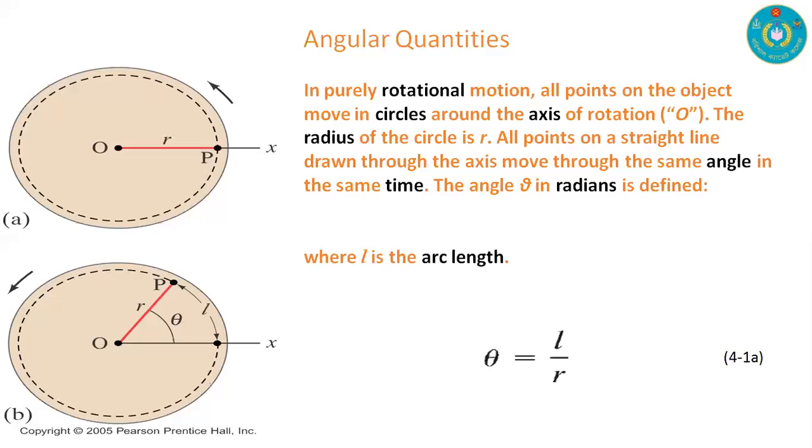The angle is theta, and if the length is L and it is a circular arc, then we can write the equation theta is equal to L by R, based on trigonometry.